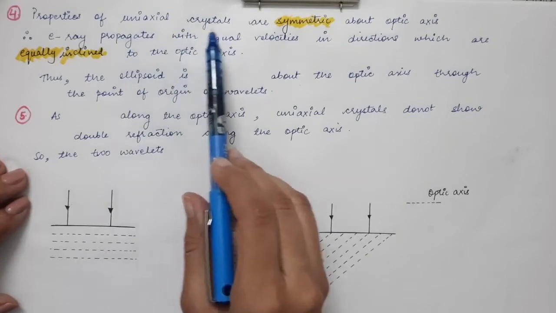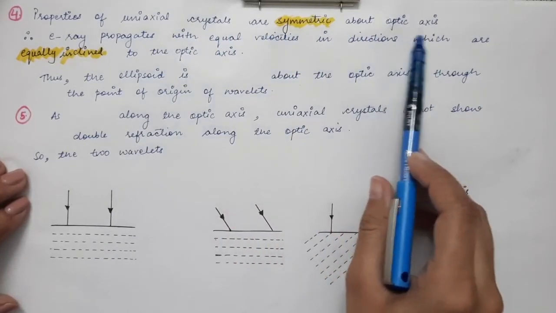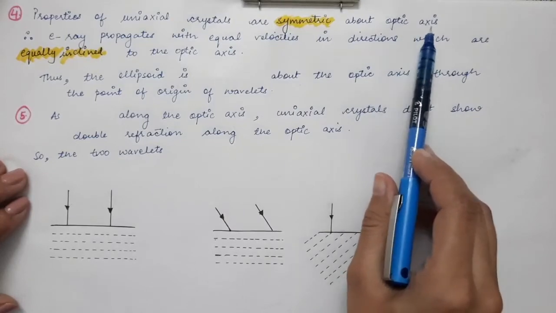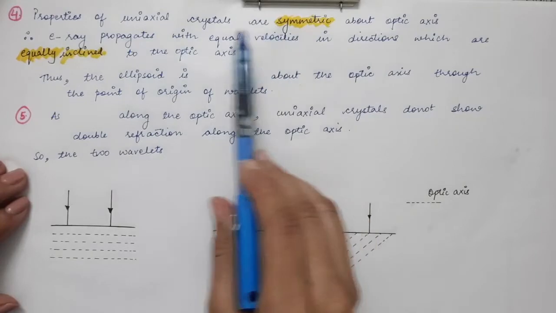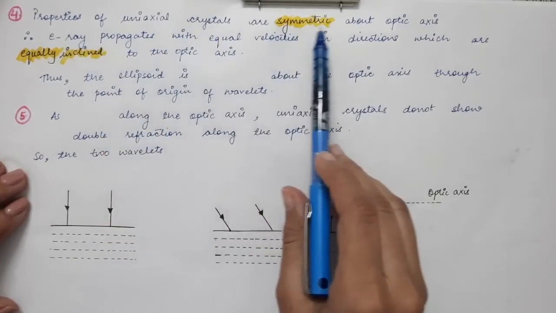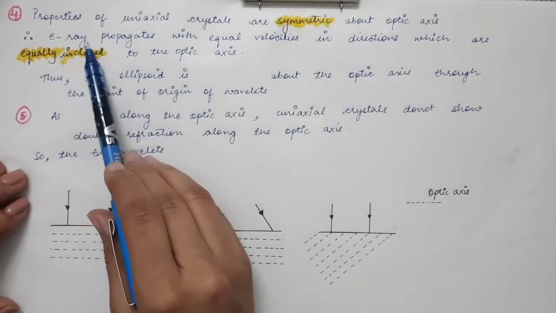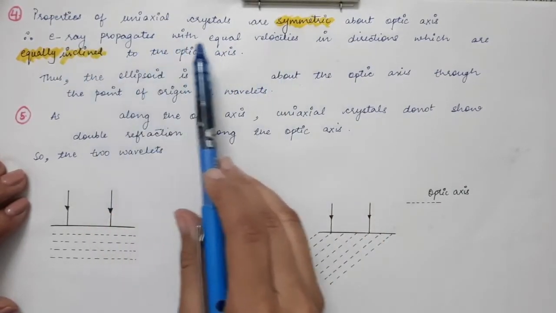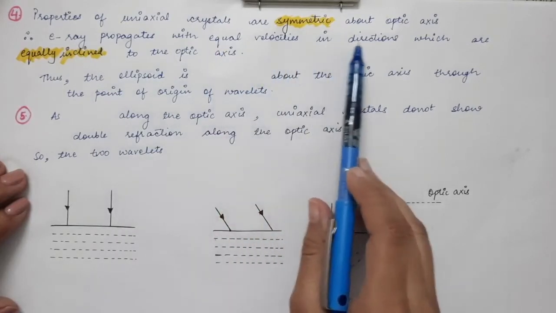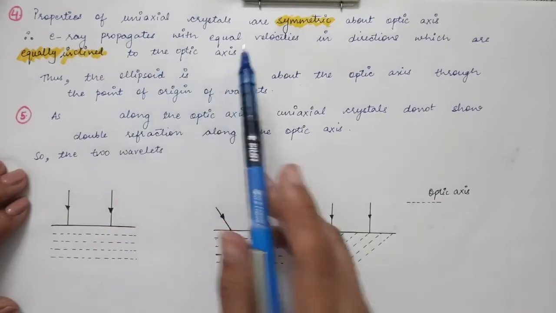So the properties of uniaxial crystals are symmetric about the optic axis. This is the property of the optic axis: around it the crystal is symmetric, and hence the properties of the crystal are also symmetric about the optic axis. Due to this reason, the E-ray propagates with equal velocities in directions which are equally inclined to the optic axis.